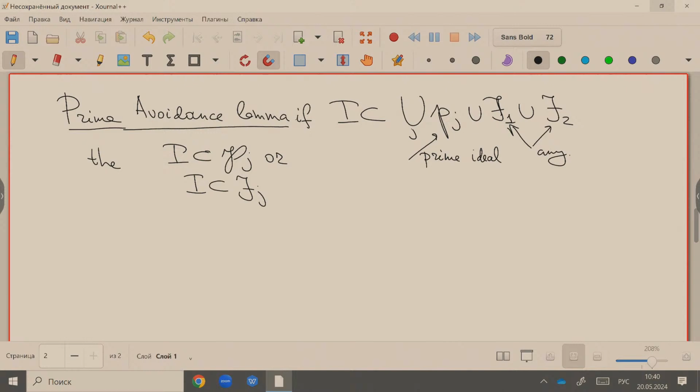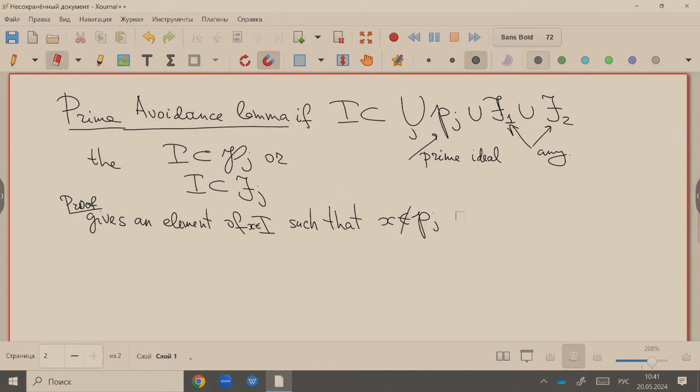So how is this constructed? The proof gives an element x inside I such that x doesn't belong to any Pj, and x doesn't belong to J1 and J2.